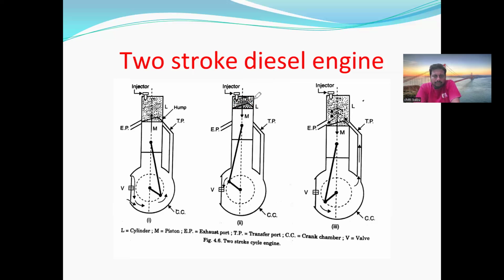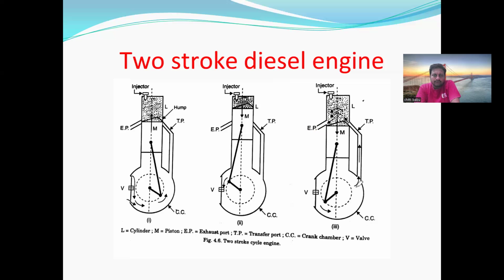Due to the movement of the piston only, this exhaust port will be open, and whatever exhaust gases are there will go to the atmosphere through this exhaust port. With further downward movement of the piston, the transfer port will open.